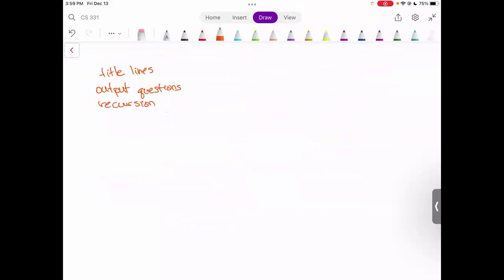Recursion. Command lines. And writing functions. Okay. Tell me if I missed anything. If not, we can go ahead and look at some of the functions.